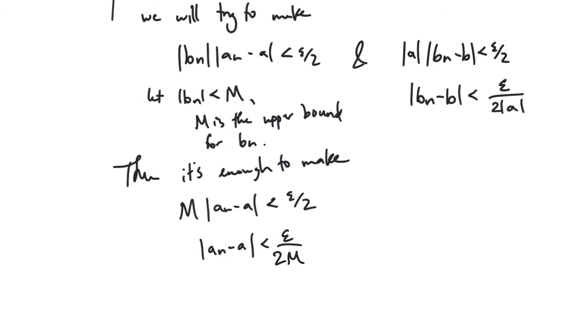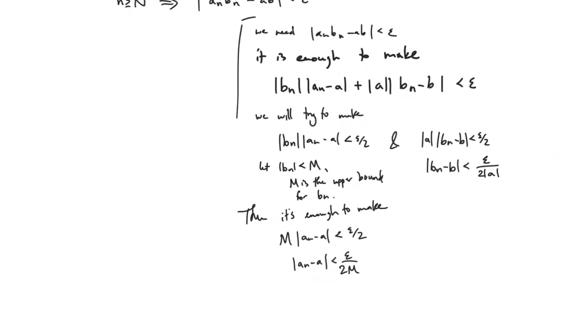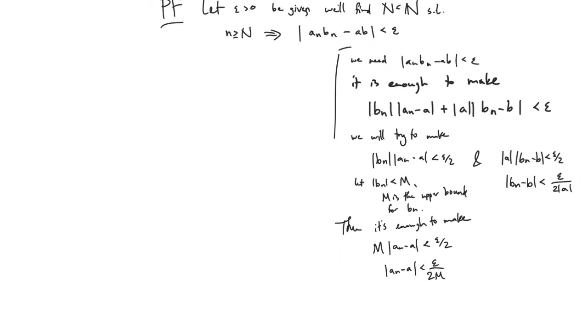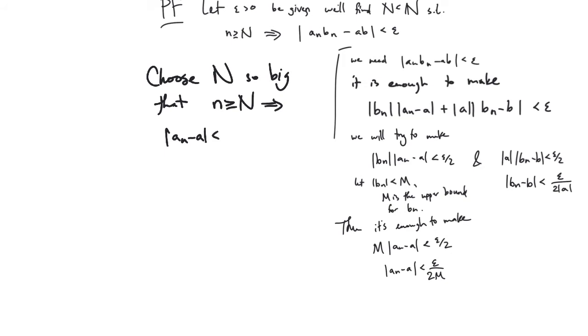So my actual proof, back to the real flow of the proof, I'm going to say choose N so big that n greater than or equal to N implies |an minus a| less than epsilon over 2M, and |bn minus b| less than epsilon over 2|a|.